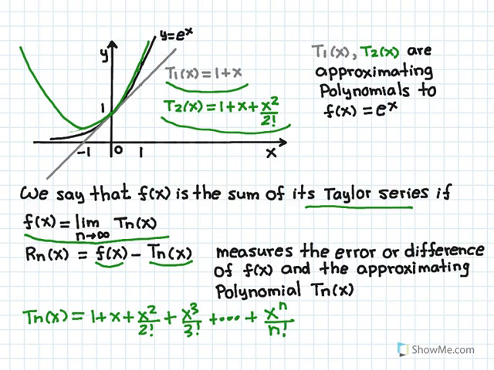So our goal is to have a measure for the error, the difference between the function e to the x and the approximating polynomial. And if we can show that the error approaches 0, then we can show that the function can be represented by this Taylor series.